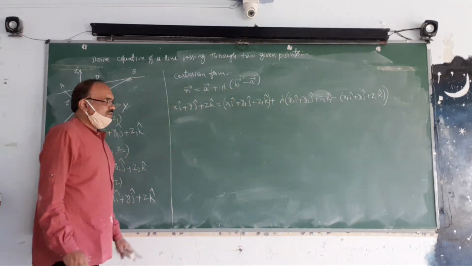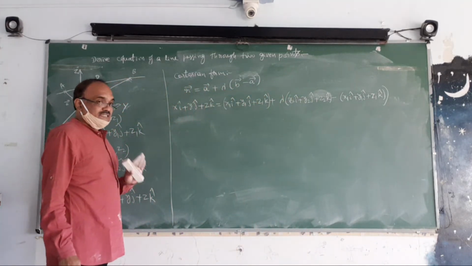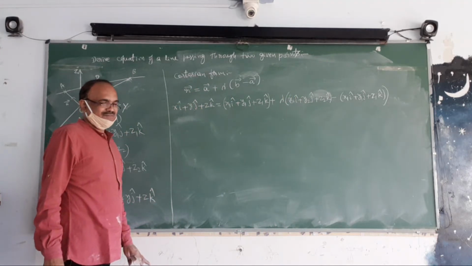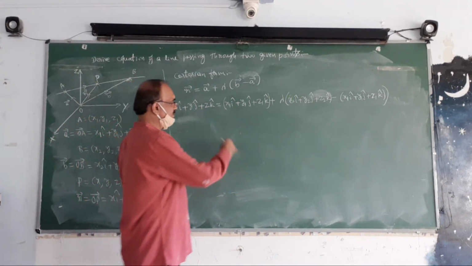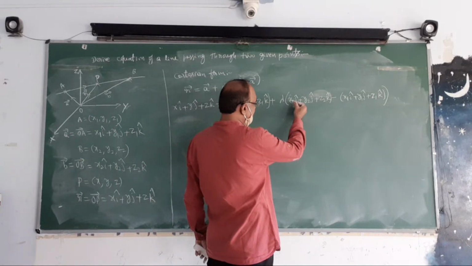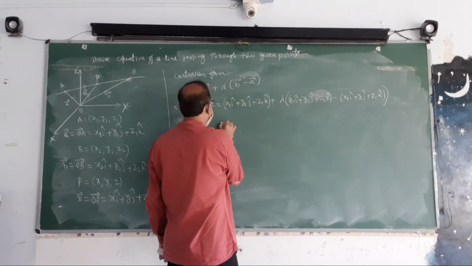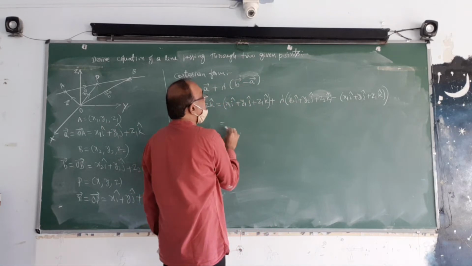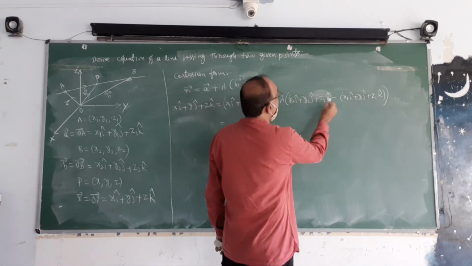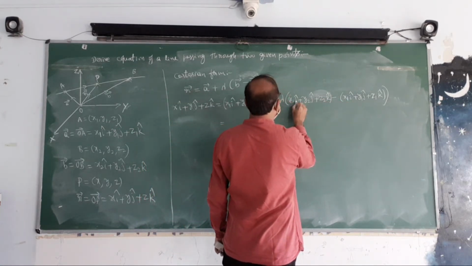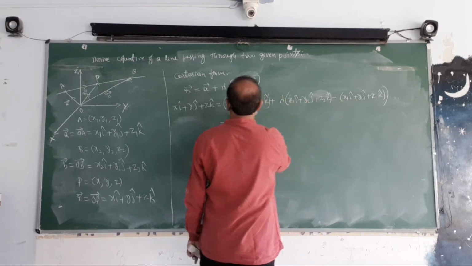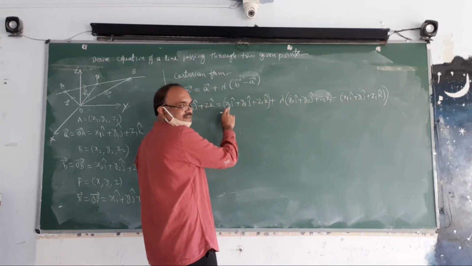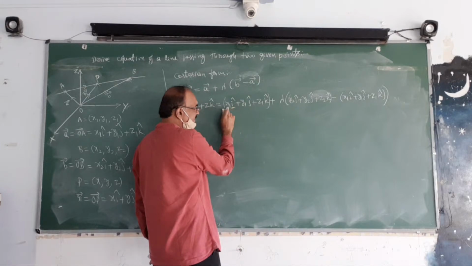Now I will try to write fewer steps, because it's too much if I have to write many steps. I can write this entire thing in one step. This is x2 minus x1 for i. Lambda times x2 minus x1. Here it is x1. The i components, if you see here, x1 is there.